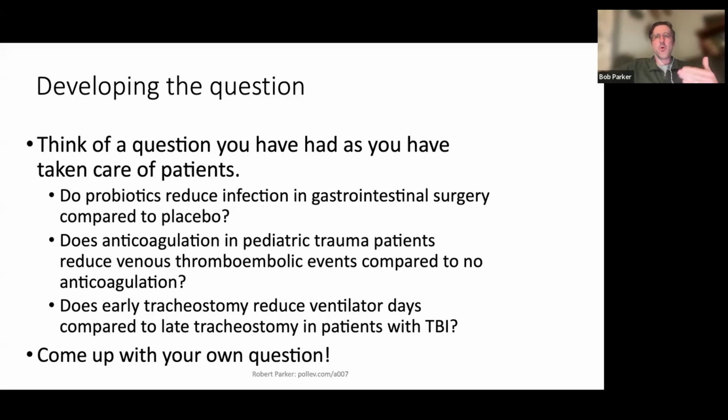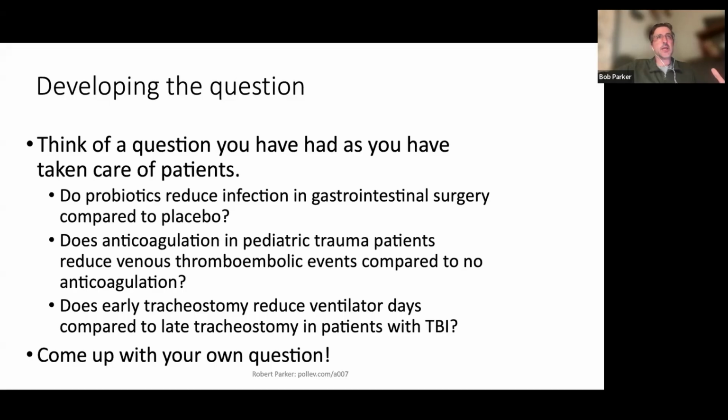But come up with your own questions as we go along. Think about things that in a certain population, is there something that is interesting, some kind of intervention or comparison that impacts an outcome that you might want to examine?